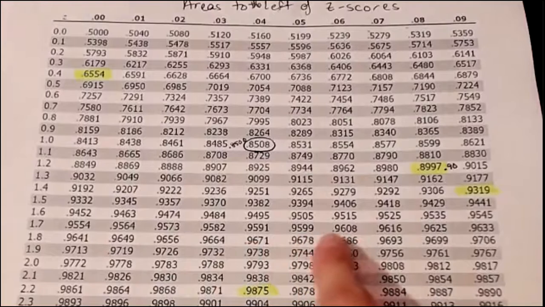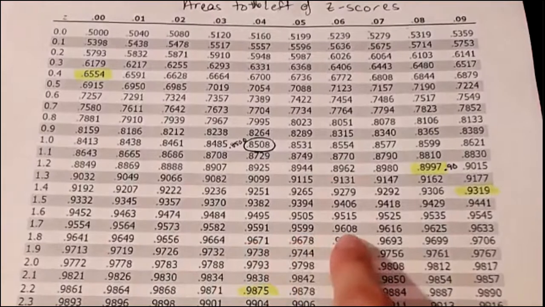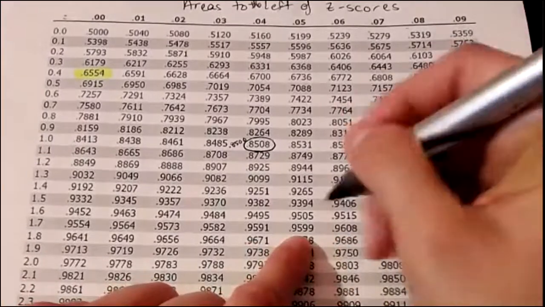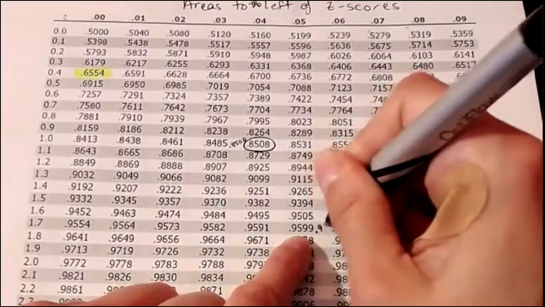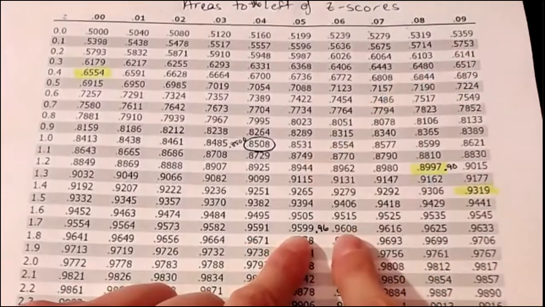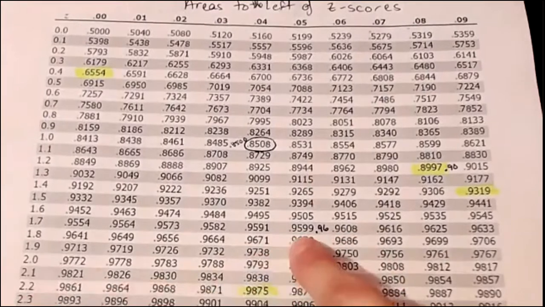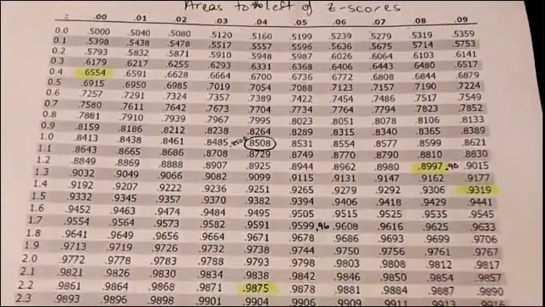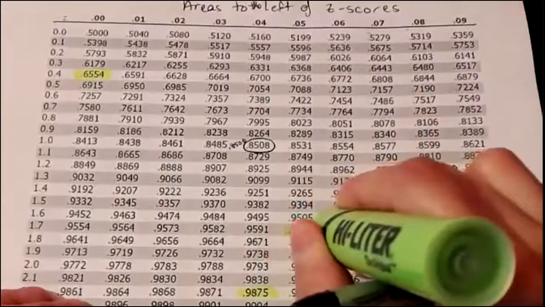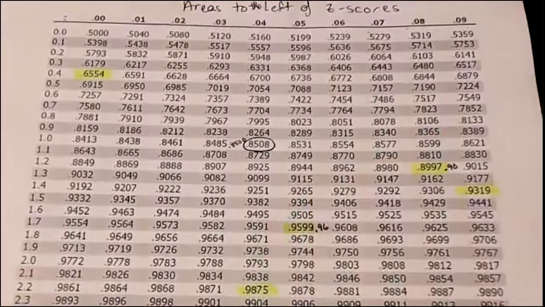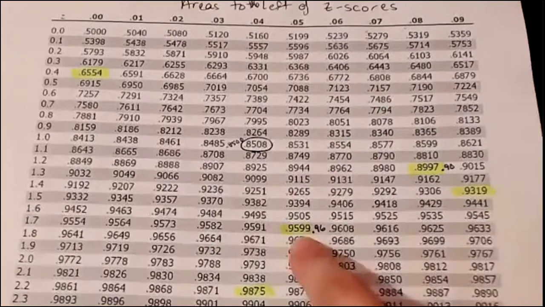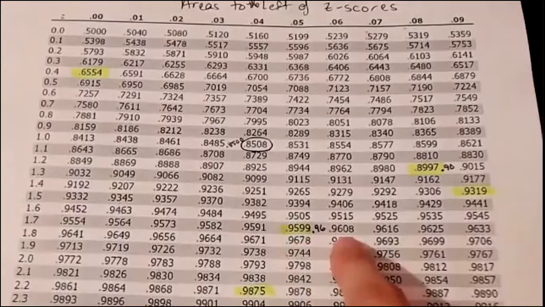So 0.96 sits somewhere in between these two values. So I'm going to write 0.96 here. Which value is it closer to, the left or the right? Left. Definitely the left. Let's highlight this value. Right? 0.96 is super close to 0.9599. It's closer than to 0.9608.